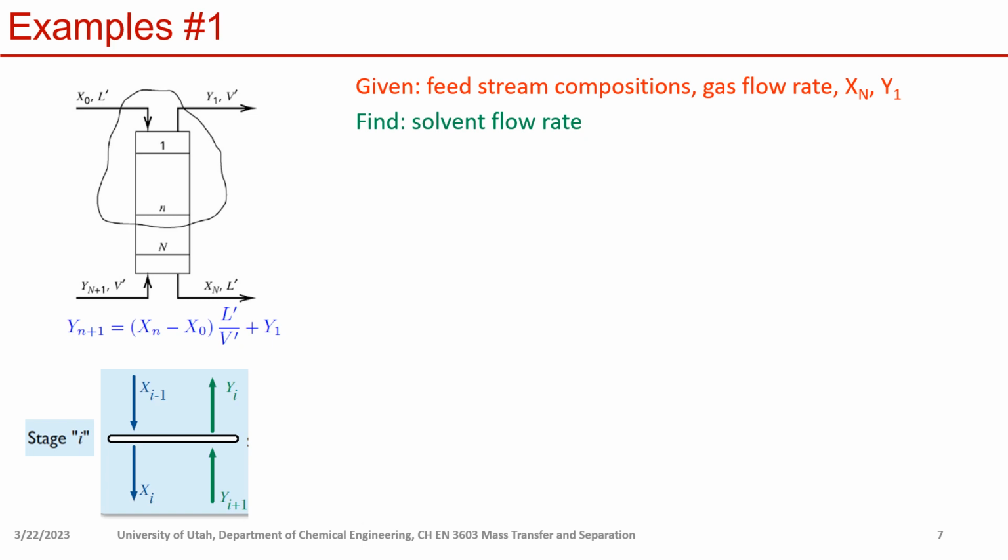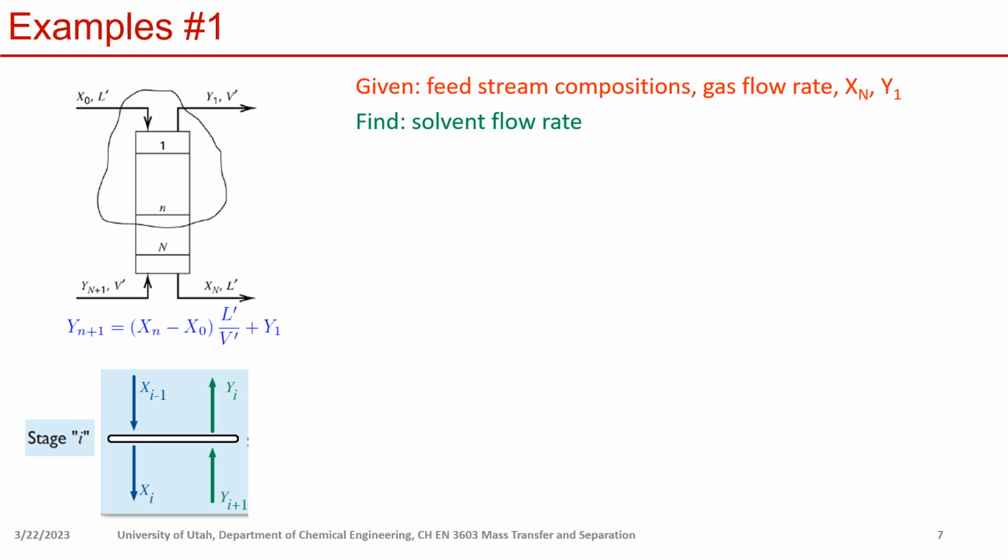Okay, so let's just continue with what we have left from Monday's lecture. On Monday, we talked about some very important concepts for analyzing an absorption tower. One of them is that in the absorption tower, liquid absorbent flows down, whereas the vapor gas phase goes up, right?